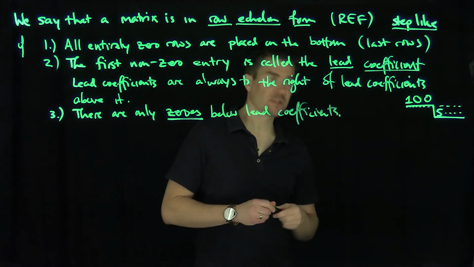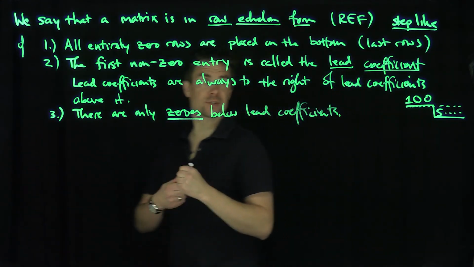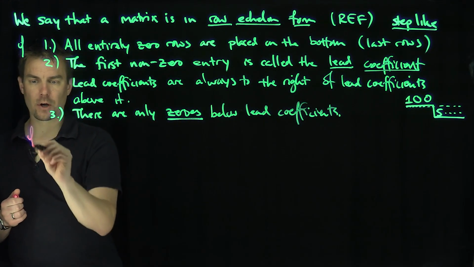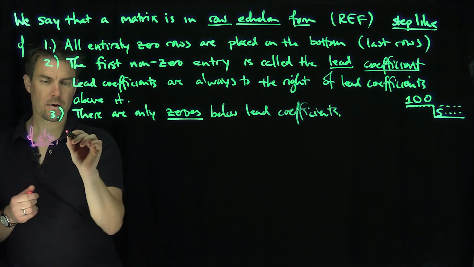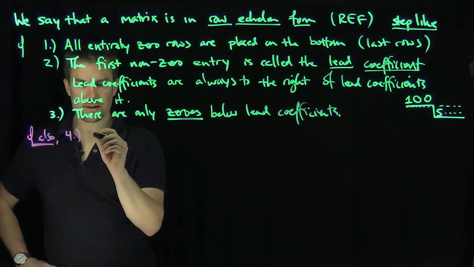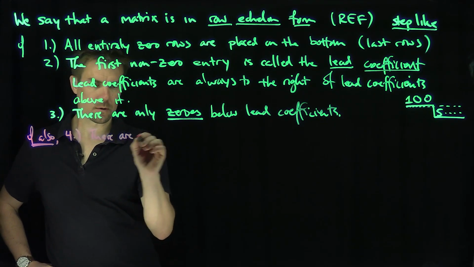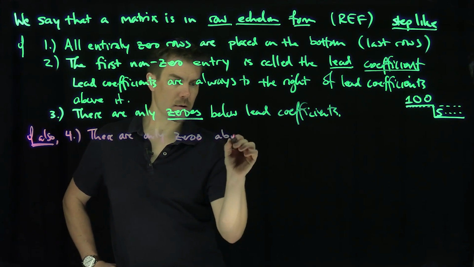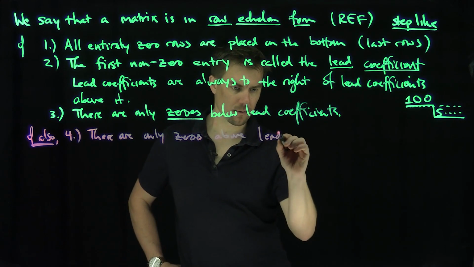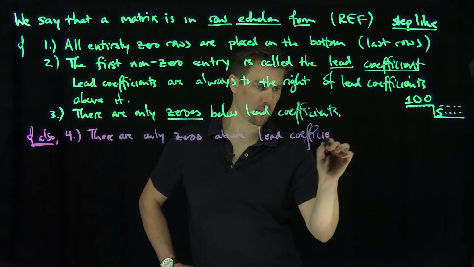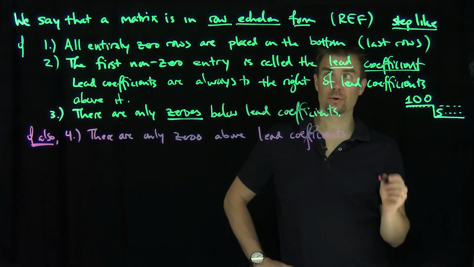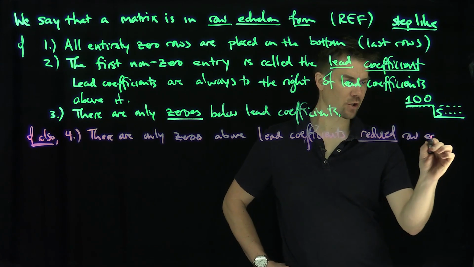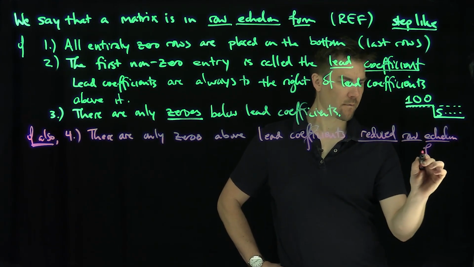And furthermore, I can call something a special condition. If these three conditions specify what row echelon form is, then if in addition, if also there are only zeros above the lead coefficient, if this extra condition is true, then we say it's reduced row echelon form.